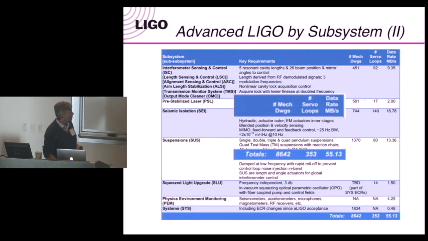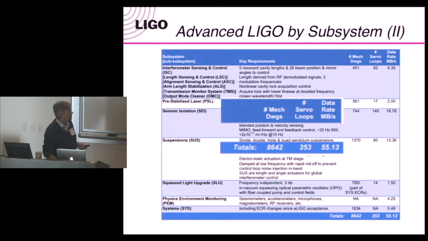If you look at the number of drawings, servo loops, control loops, and data rate, this gives you a sense of complexity. There are almost 10,000 different drawing components here. There are about 3 million components, because we have to reproduce them many, many times. The number of servo loops, these are control loops, is 353, and many of them are very coupled to one another.